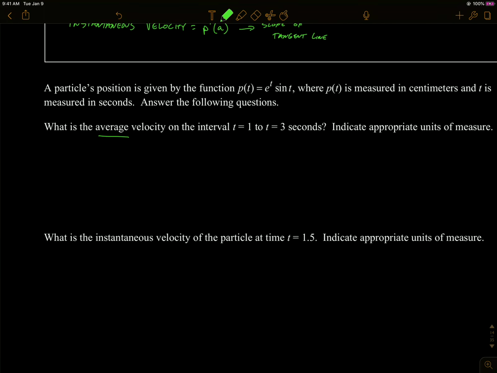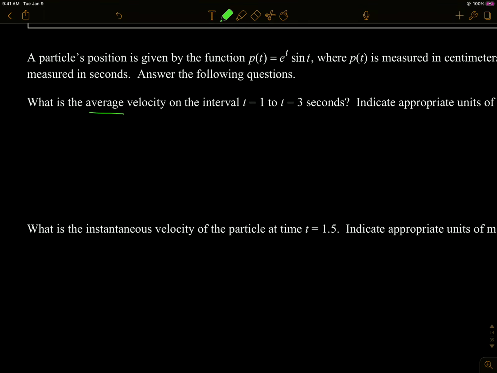When they're asking about average velocity, we're talking about the slope of the secant line. So we want to do p of 1 minus p of 3 all over 1 minus 3. So that's going to be our average velocity. I'm going to write it like this, with a subscript. The average velocity would be 0.274 centimeters per second.